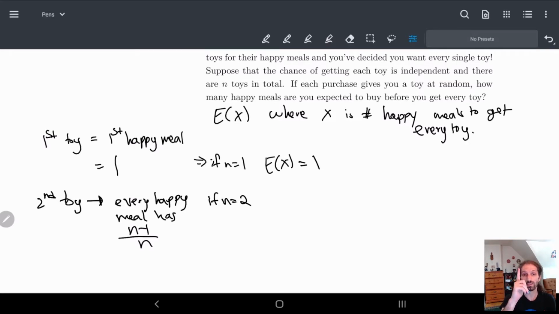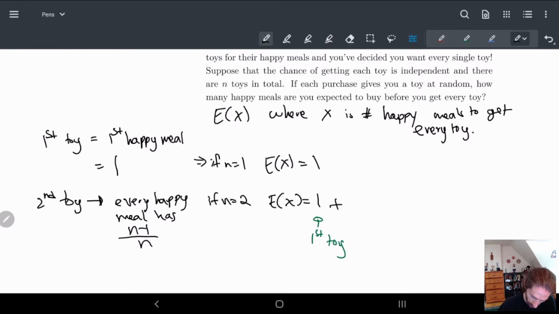well, I need to get the first toy, which is 1 chance. This is the first toy. And then I need the expected value of the second toy. So maybe I'll say X1 is equal to 1. Yeah, this is okay.